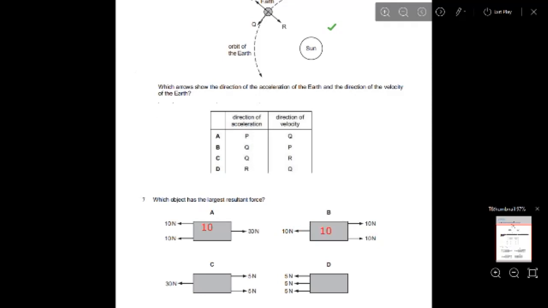In this case, you can see 5 newton and 5 newton, which is 10 newton in this direction and 30 newton is in this direction. So 30 minus 10 is 20. So in this case we have 20 newton as a force.